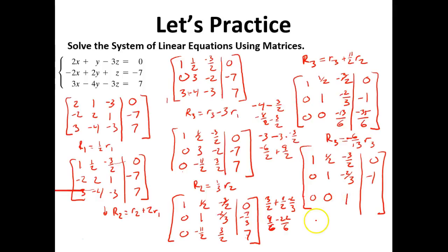And then -6/13ths times -35/6. So those are going to cancel out. Those are going to be a positive. This is going to be 35/13ths. I'm going to take this here and copy it onto the next slide.